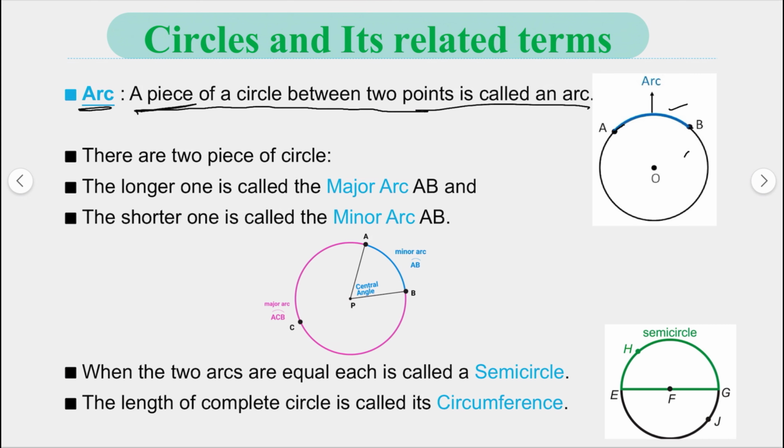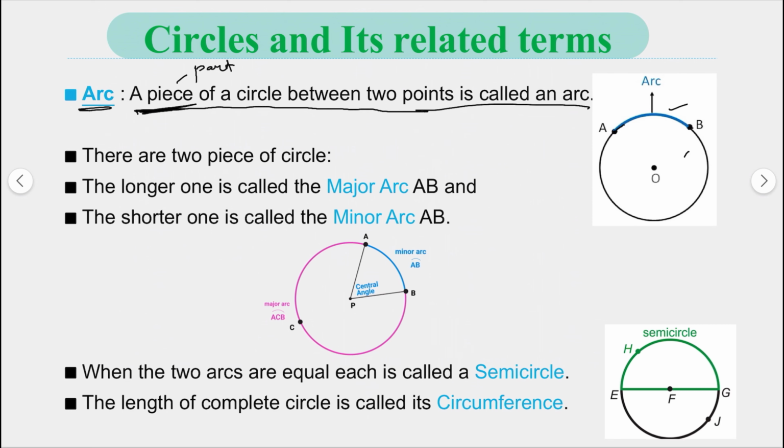Arc is a piece of circle between 2 points. We have marked 2 points on this circle, and this piece or part of the circle between these 2 points is called the arc of the circle.